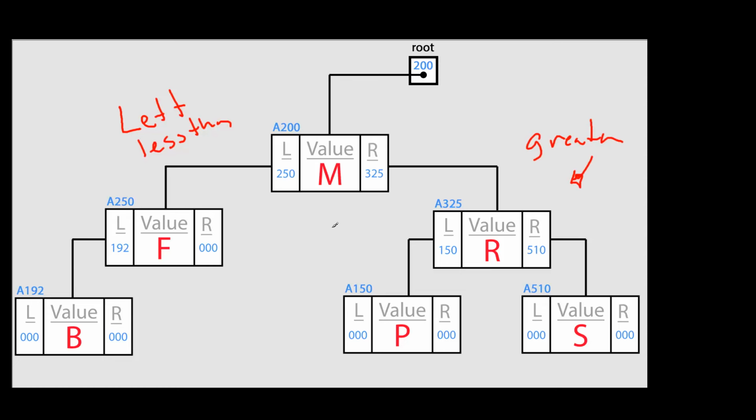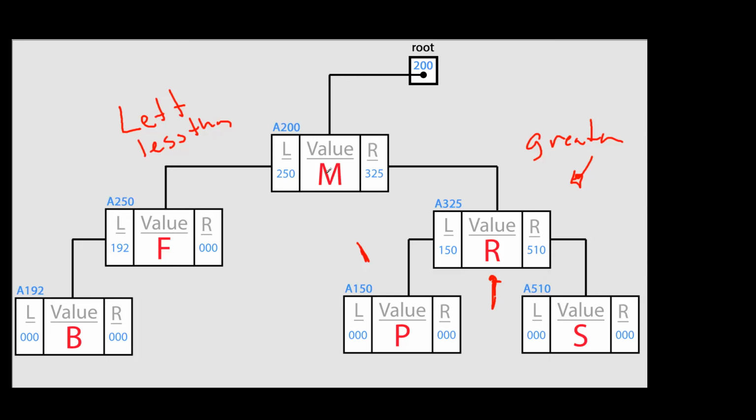So we start with M, but then F is less than M because F comes before M in the alphabet. But yet here we have the letter R. R comes after M, so then R goes to the right. Right, and the same thing for P. P comes after M in the alphabet, and so does S. So all those are on the right side.